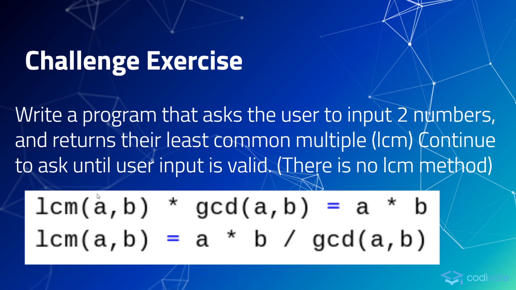The LCM of 2 numbers times the GCD of those same 2 numbers is equal to the product of the 2 numbers. So if we simplify this formula, we get that the LCM is equal to A times B, which are the 2 numbers, divided by their GCD. You can pause the video and come back to it when you're ready to go over the solution.